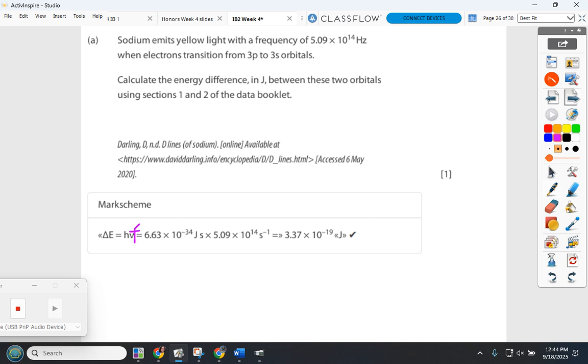Now, you could have converted this to kilojoules and given the correct answer in kilojoules if you divided it by 1,000, right? So that's why the J is in the brackets, because it's probably joules, but if you did it in some other version of joules, then that would also still be correct, right? So hopefully you got something close to 3.37 times 10 to the negative 19th joules.